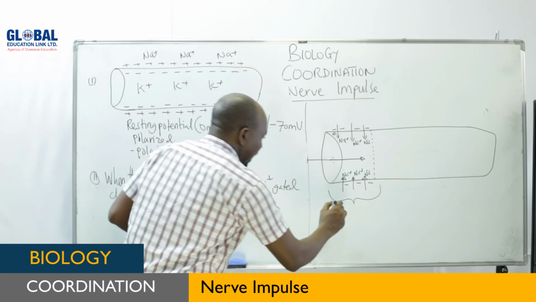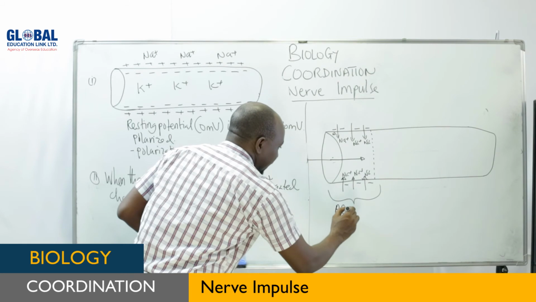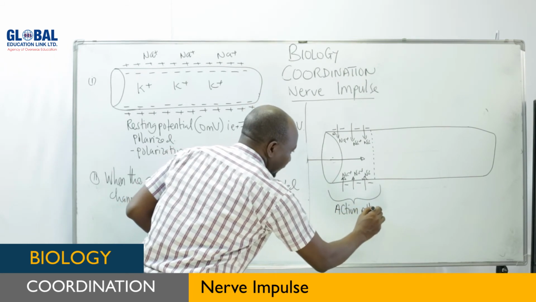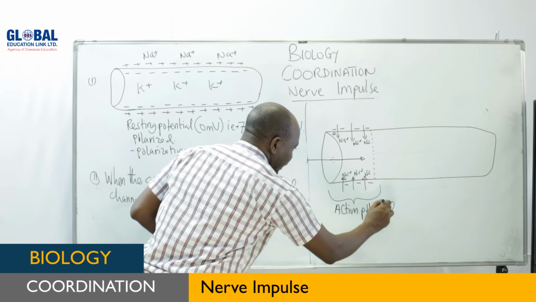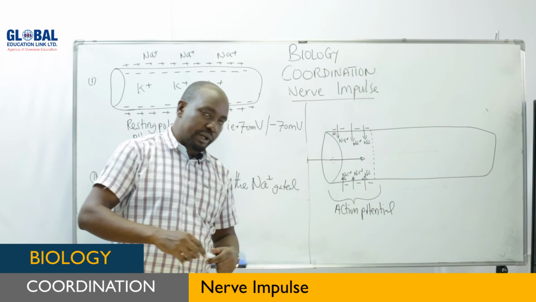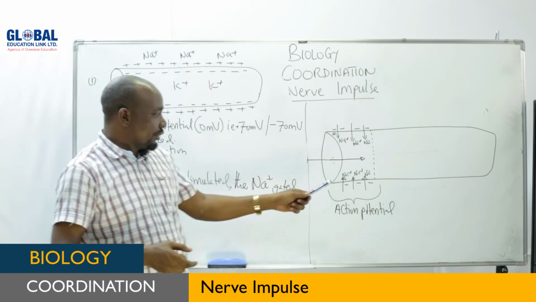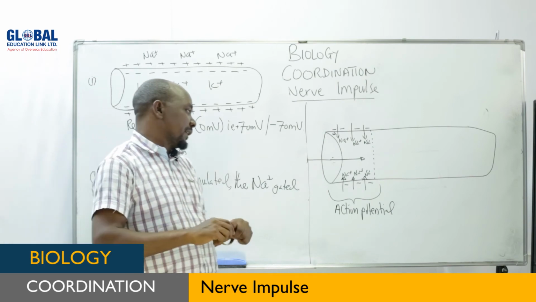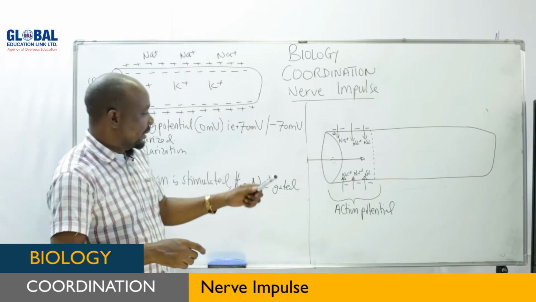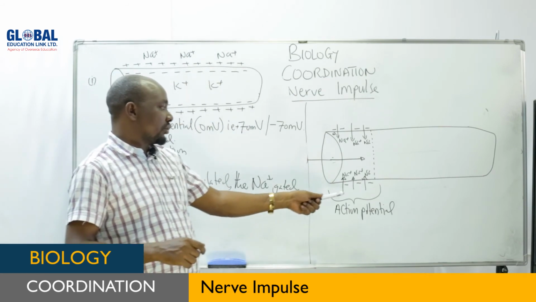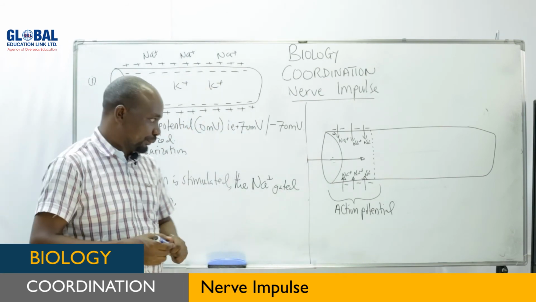So the situation now is described as an action potential. The action potential is the potential difference across the axon membrane when it is conducting the nerve impulses, where it is more electropositive inside and more electronegative outside.